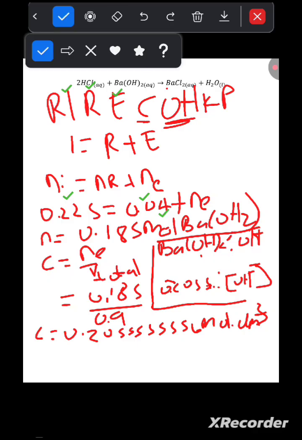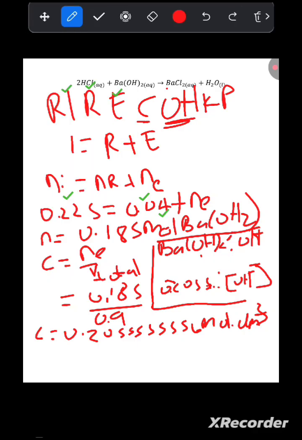We say in one base, we have got 2 hydroxide ions. So it's 1 is to 2. On the base it must always be 1, then 2 is whatever hydroxide ions there are.